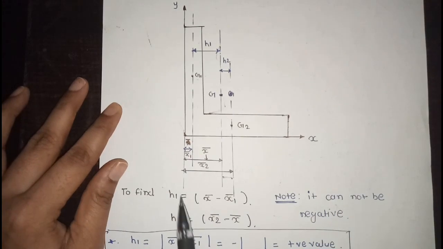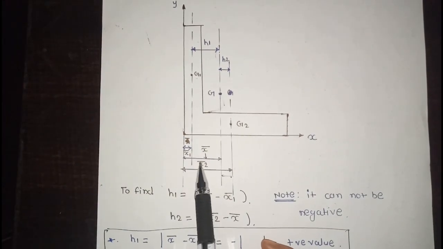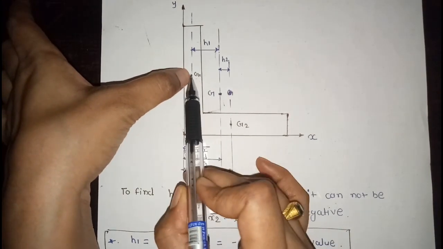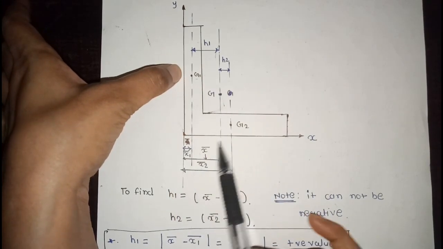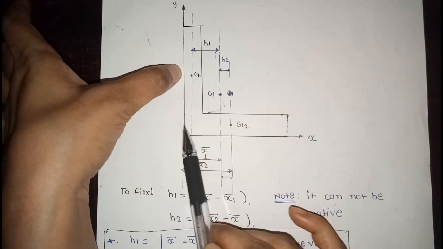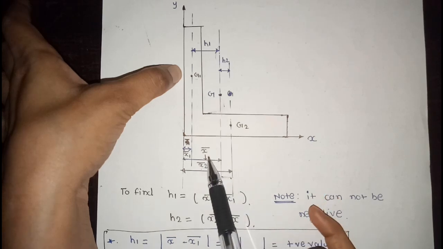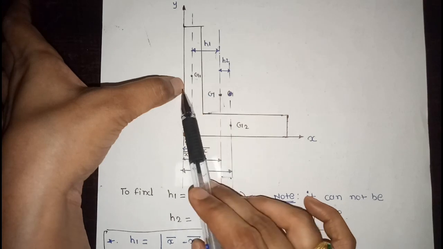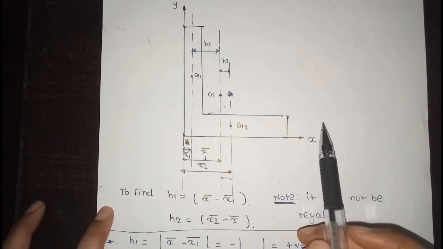So first of all, what is meant by x1 bar, x2 bar, x bar? x1 bar means the distance from point G1 to the base of the y-axis. x2 bar means the distance from point G2 to the base of the y-axis. And x bar means the distance from point G to the base of the y-axis.